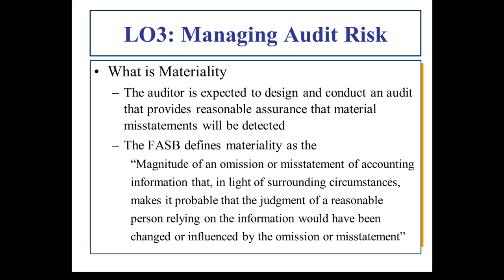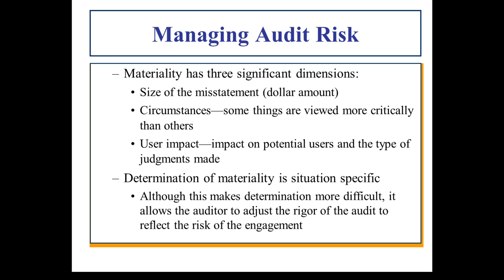So basically, based on circumstances, would that type of omission or change affect the user who's using it? So for example, with Delta Airlines, if there's an error of 4,000, in the scope of making billions of dollars is that really going to change their opinion of investing in a company or not?